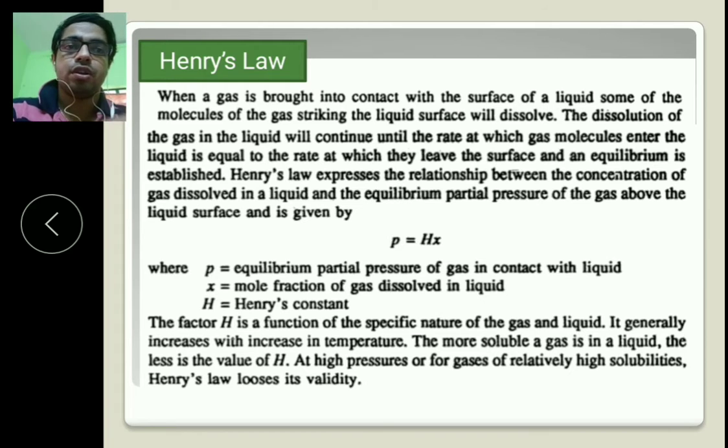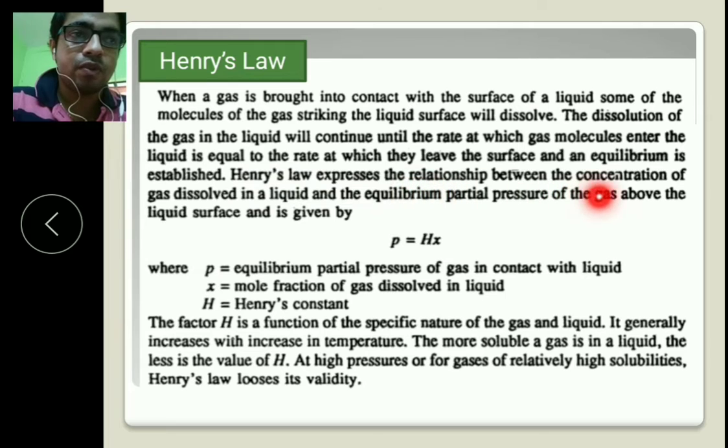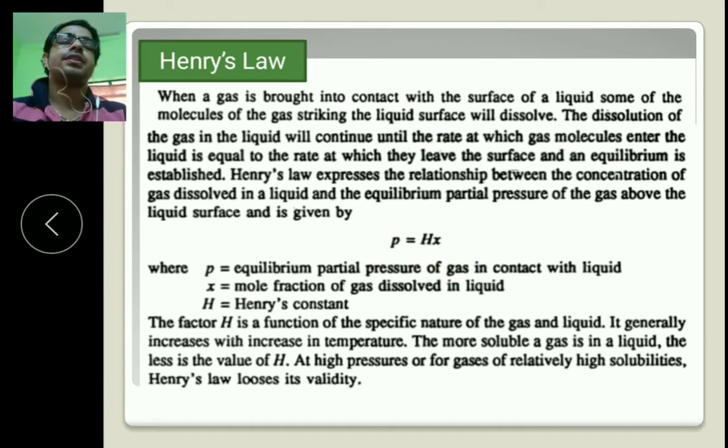Henry's law expresses the relationship between the concentration of gas dissolved in the liquid and the equilibrium partial pressure of the gas above the liquid surface, and is given by P = H X. The partial pressure of the component in the gaseous phase is H times X, where P is the equilibrium partial pressure.